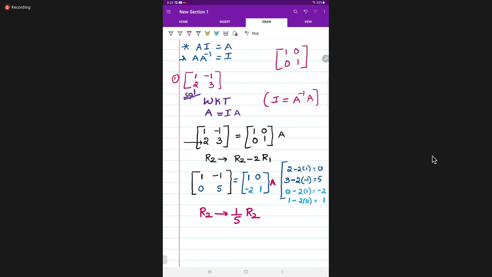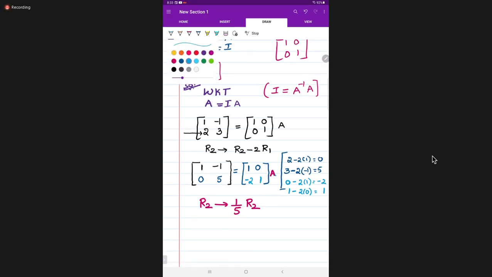Now tell me, first row elements write as it is: 1, minus 1. 0 by 5 is 0, 5 by 5 is 1. Same operation applied on the right side, divide also by minus 1, 0, minus 2 by 5, 1 by 5 into A.